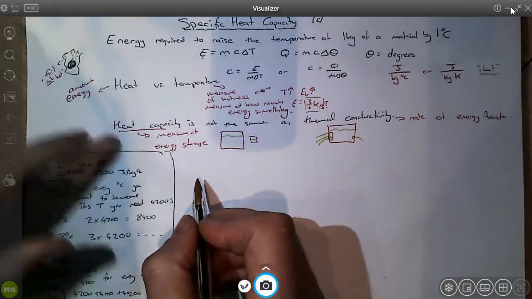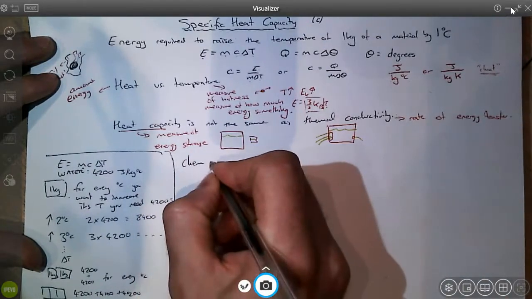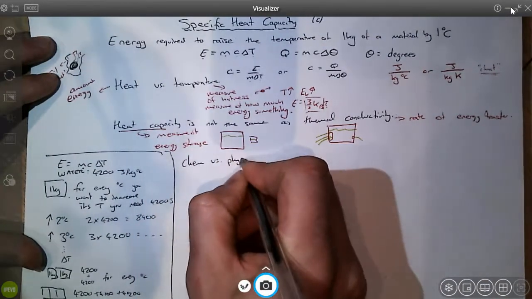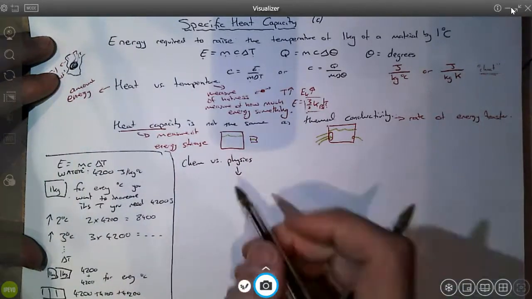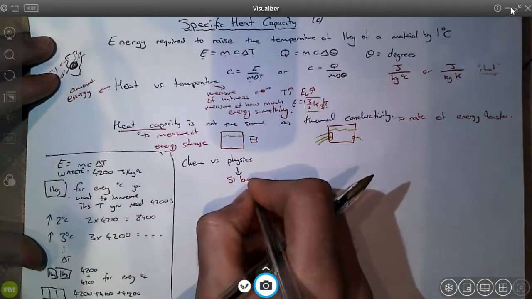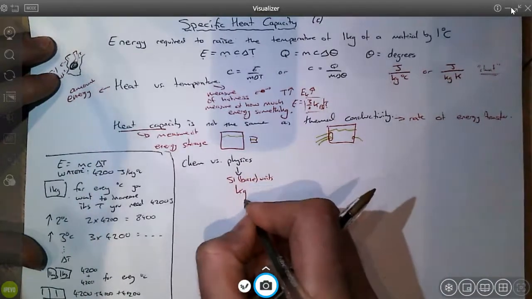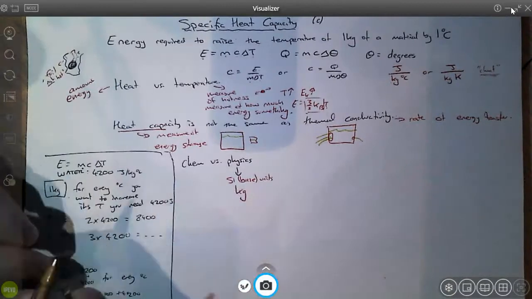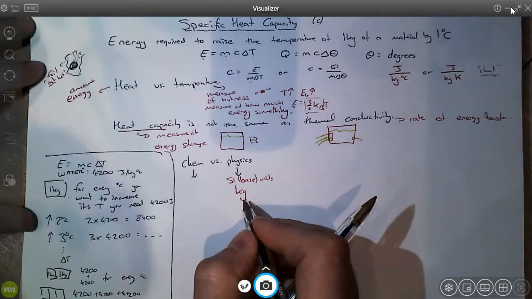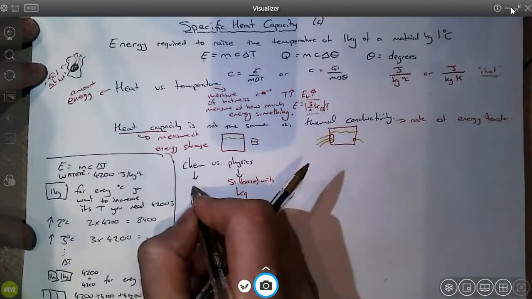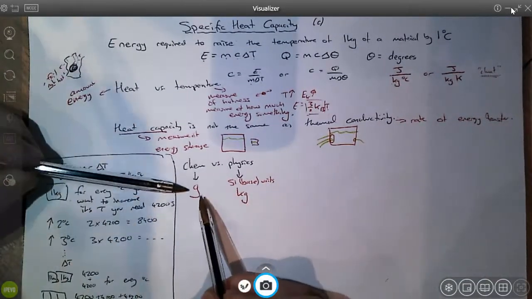Now, another area for confusion is when students see this in chemistry versus physics, because in physics we always use SI units where we're using kilograms, whereas in chemistry we're not always using the base units because, quite rightly, we're often measuring small amounts of things.